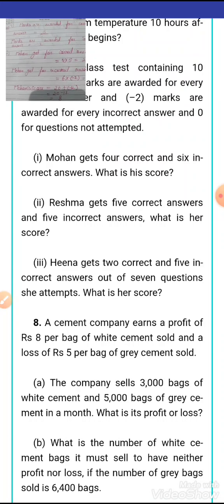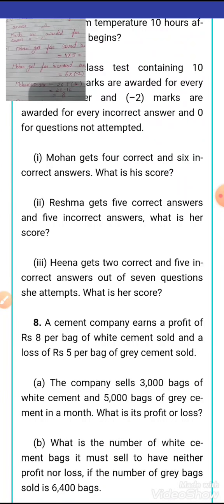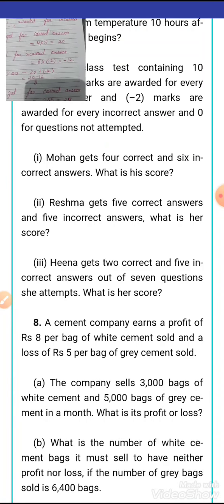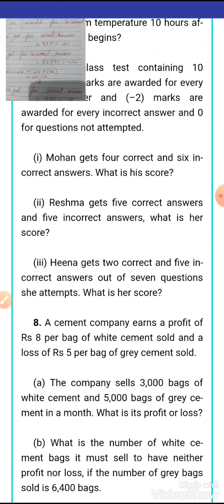So Mohan got for correct answers 4 multiplied by 5, because he did 4 questions correctly and for every correct answer he is awarded 5 marks. So his score for correct answers is equal to 20.